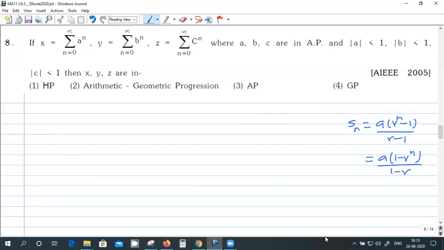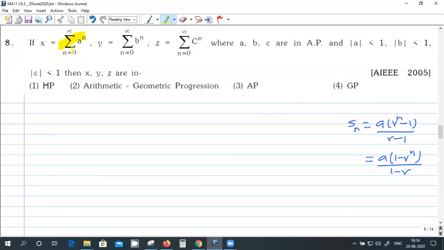So x is the sum of something, right? The summation, is it a GP or AP? This one, it's a summation.